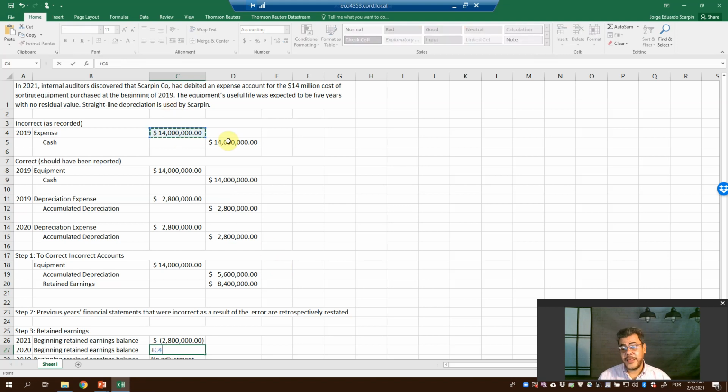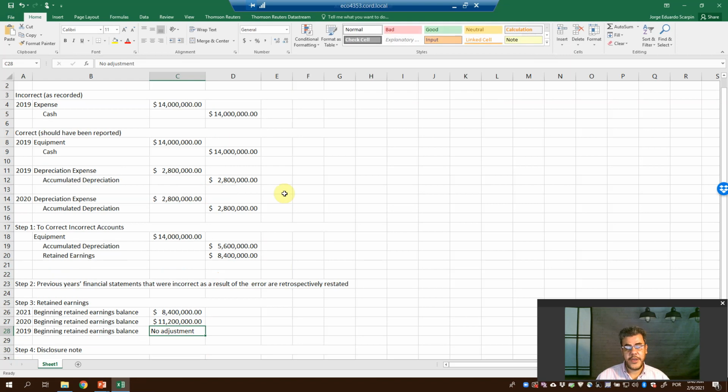It is $14 million we are adding on this expense, less depreciation expense in 2019. So we're adding in $11.2 million. What about 2021? Beginning balance 2020 less depreciation expense in 2020: $8.4 million. And it must match with the credit on retained earnings here.